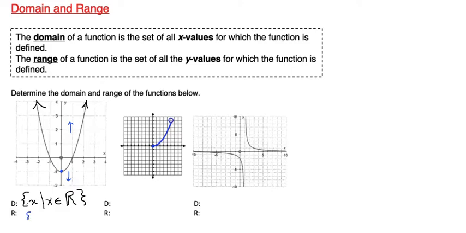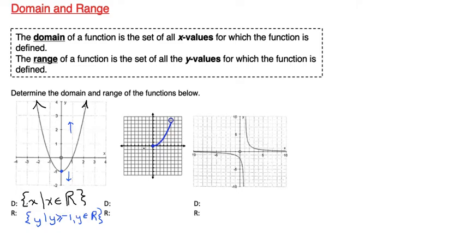So we would say y is such that y must be greater than or equal to -1. Otherwise, y is defined for all the real numbers, and real numbers means anything at all. As long as it's greater than that, then we're fine.